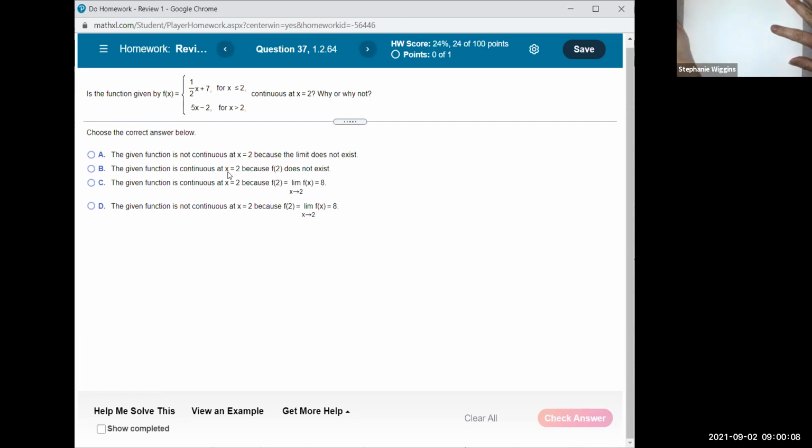F of x equals 1/2 x plus 7 when x is less than or equal to 2, and 5x minus 2 for x greater than 2. Okay. The question is it continuous at x equal 2?